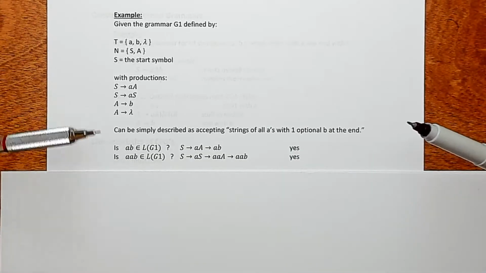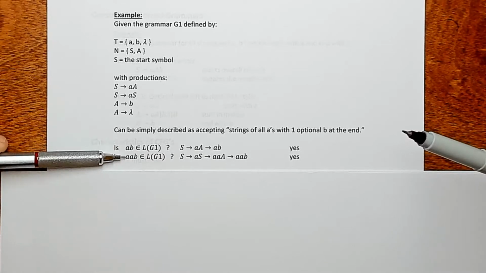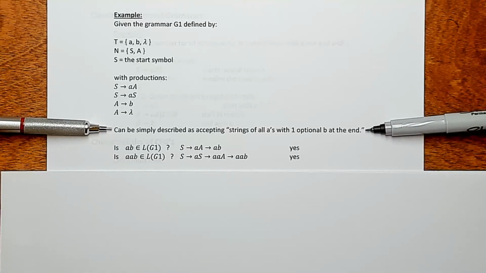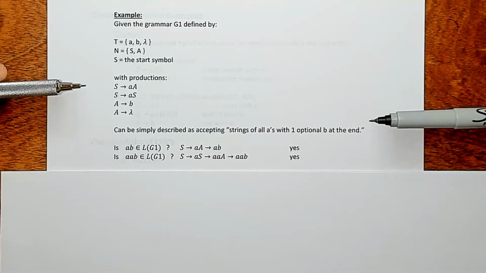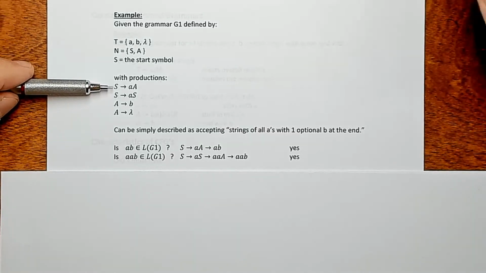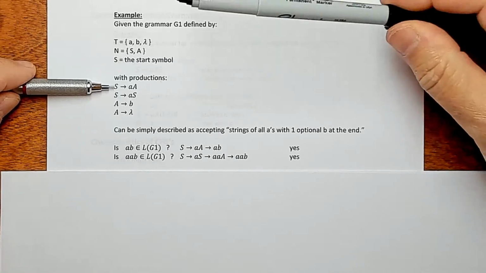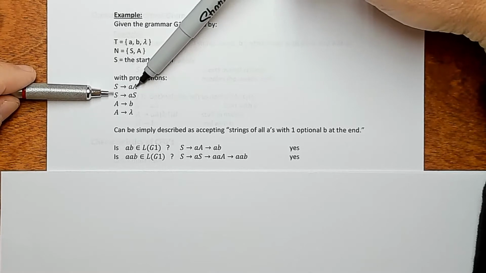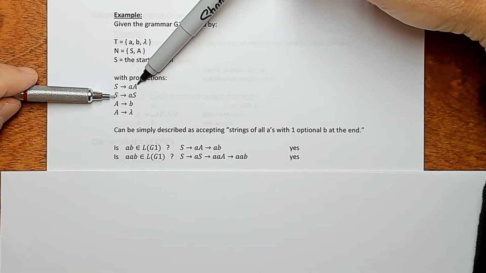So we've sort of demonstrated that these two little strings are valid, but can we demonstrate that this more general description is valid? We can, and that's a little bit more tricky, but the analysis is something like this. So you have to start with S, and if you do either one of these S's, you're just going to get little a's and S's, or big A's.